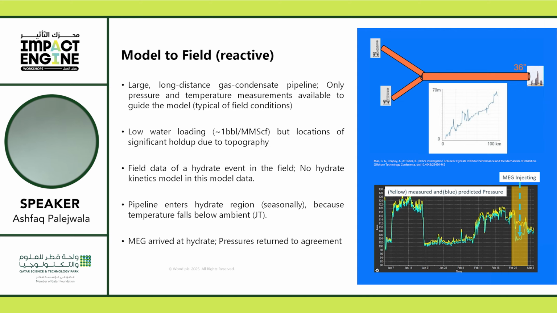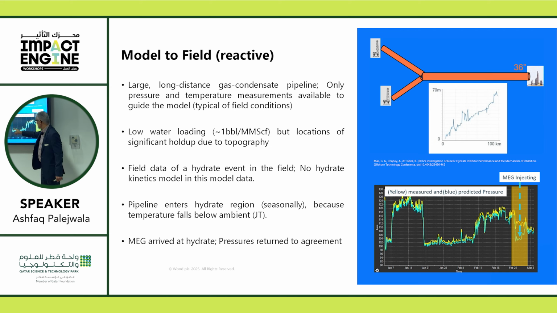So for an existing system where you have real-life information and a real-life online tool which is predicting what's going to happen, most of the time you have a perfect match. Here, suddenly the flow rate was turned down for whatever operational reasons, and the model matched the pressures.